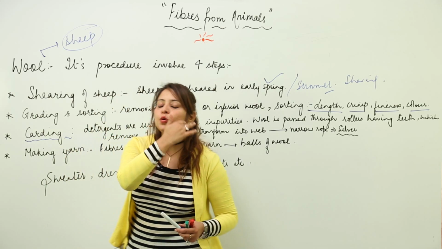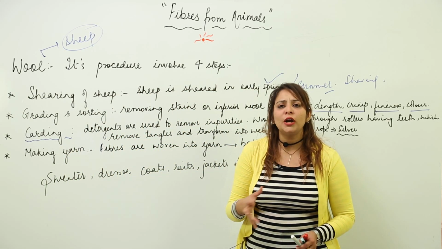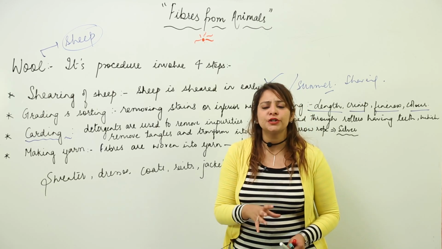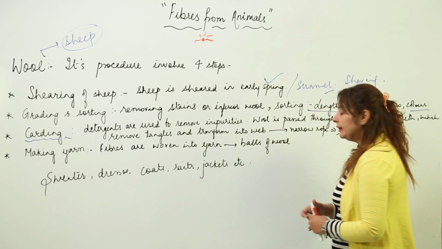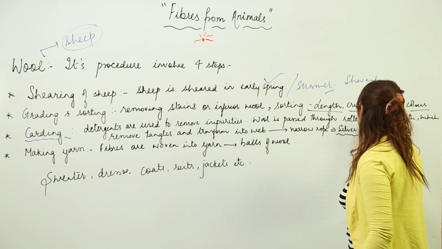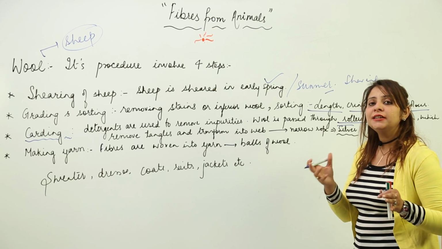In carding, what we do is we wash the wool with detergents in order to remove impurities like sand or any impurities which stick to the wool. So we wash the wool with the help of detergents, and then after washing, the wool is passed through rollers. A kind of machine is there, the roller, which has teeth also.